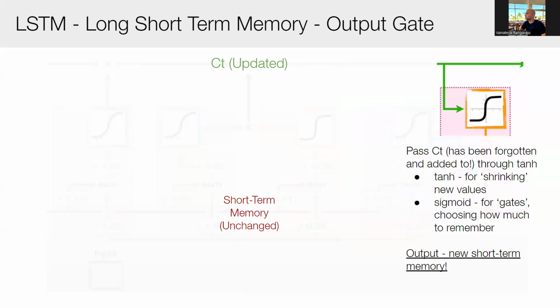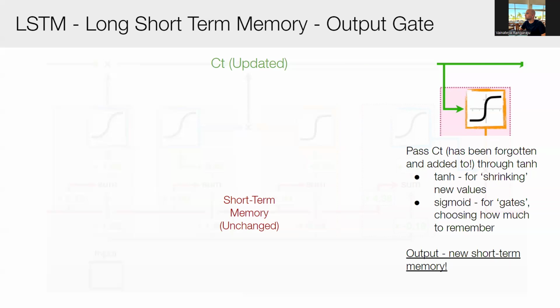And on the right-hand side, we're going to pass in the CT that's been forgotten and added to through a tanh, right? What this is basically doing is that this updated CT is going to pass through the tanh. It's going to come out to some value, shrinking that huge long-term representation down to some value from -1 to 1.